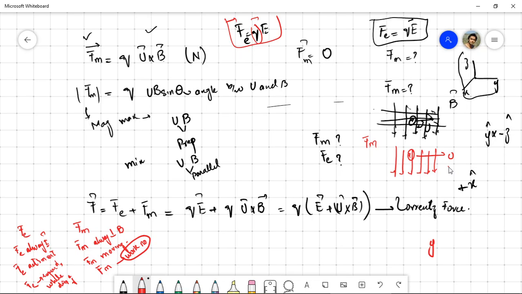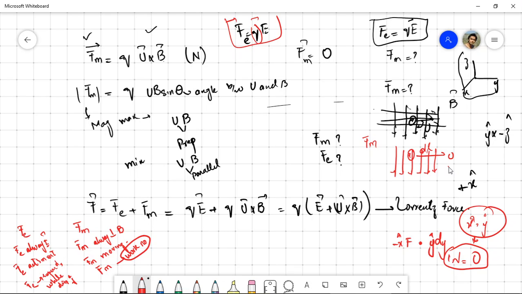Basically, if it is moving this way, the dl will be in this direction. So the motion is in the direction of y, but the force is in the direction of minus x. So minus x hat dot y hat, these two things are mutually perpendicular, and as a result the work will be zero. So there will be no work done by the magnetic force.